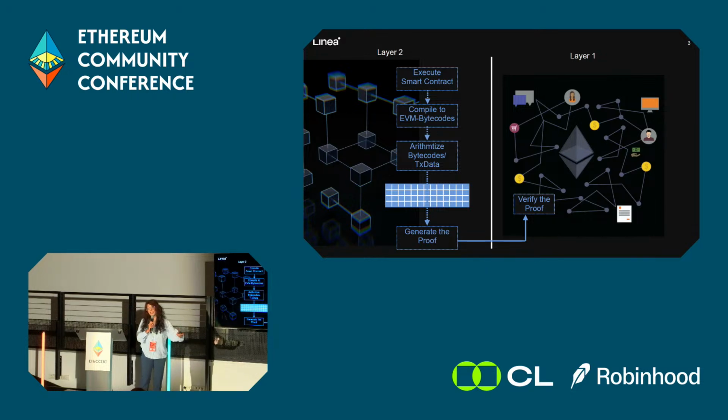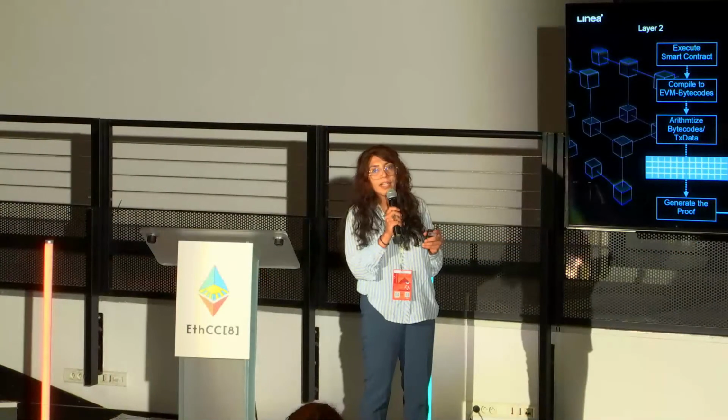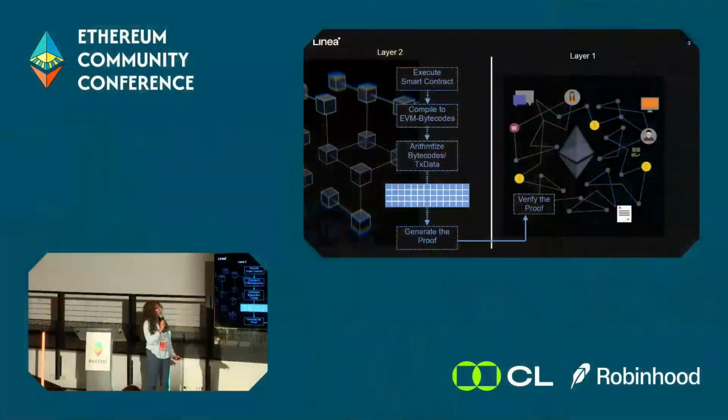These tables are then input to the prover, where I work, and we generate the proof from these tables, and the proof is sent to layer 1 as a transaction. There is a contract on layer 1 which verifies this proof, and if it gets verified, it means that everything on layer 2 was correct, and the state can transition to the new state.